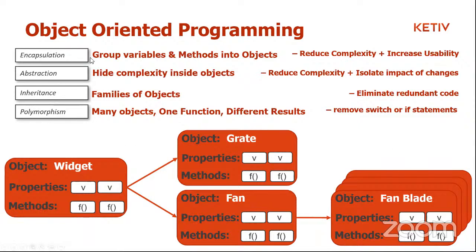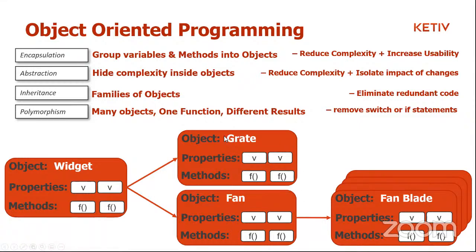So let's start talking about encapsulation. Encapsulation means that we're grouping variables and methods into objects. What are objects? Well, generally you're going to use a class object. You can see with the graphic down here that I've grouped things. We have this widget, which in our case is going to be a computer fan, and in Inventor we'd have the assembly, and then you have the 2 different parts.